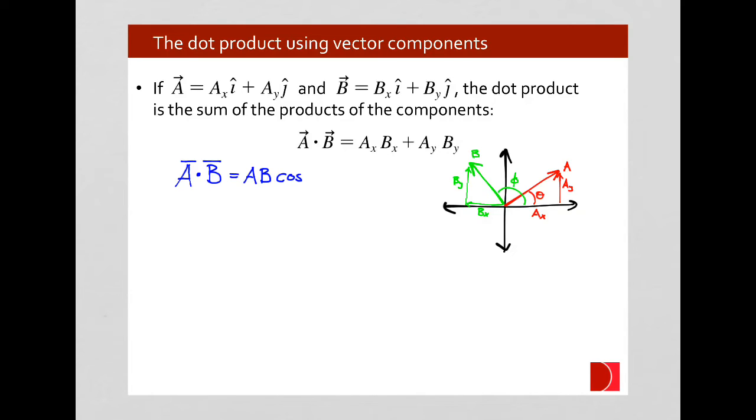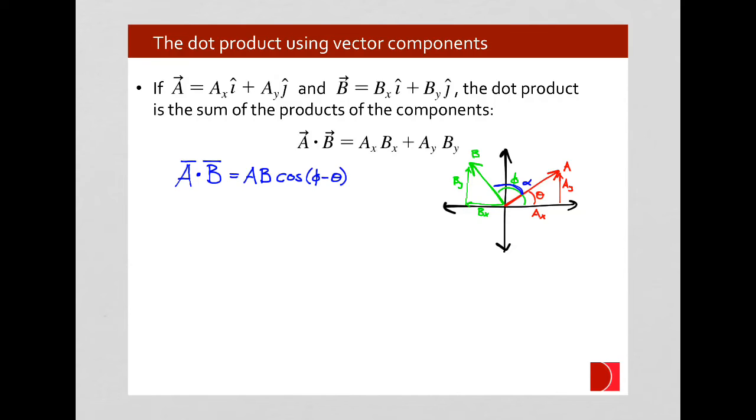Here, this angle between the two, alpha, could be written as phi minus theta. Whatever those two angles happen to be, whatever angle phi is and whatever angle theta is, alpha, the angle relative to the two vectors, is phi minus theta.